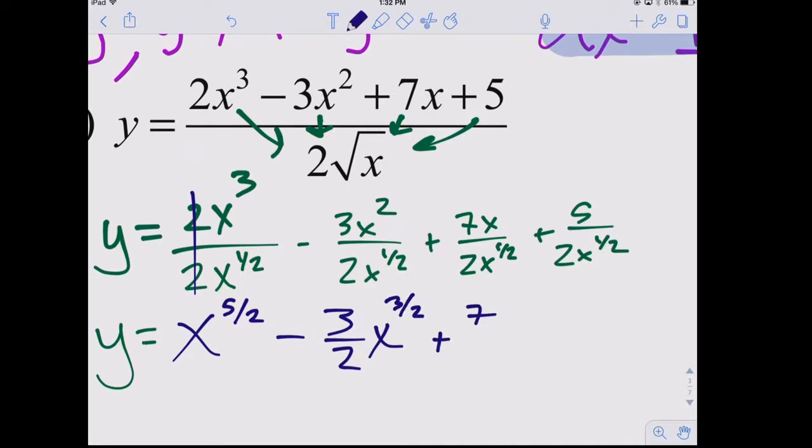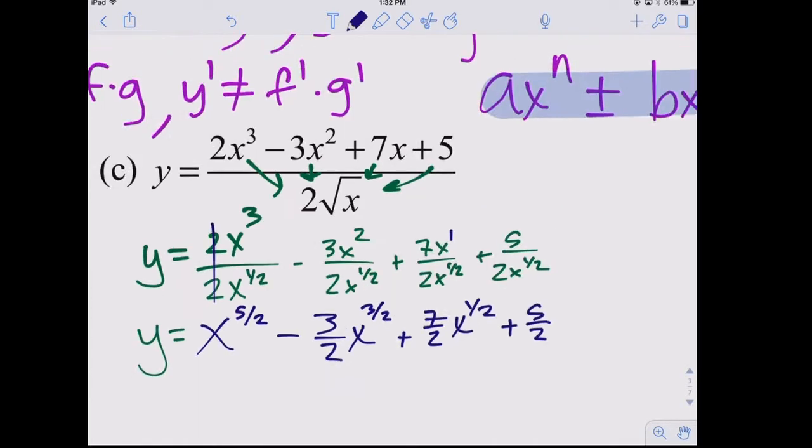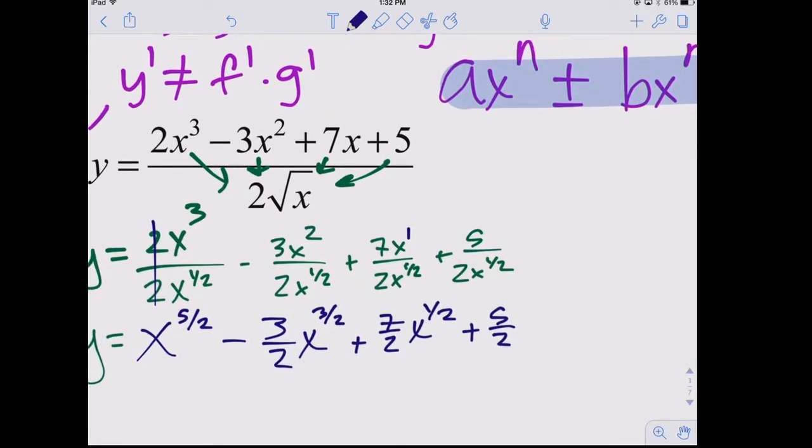Plus, then we get 7 halves, x to the 1 minus 1/2, which is 1/2. And on this last one here, we're going to have a 5 halves. There is no x in the top, so you can either think about it as x to the 0 and then subtract, or simply just say, well, I'm going to slide that to the top and change its sign. Either way, you get negative 1/2.